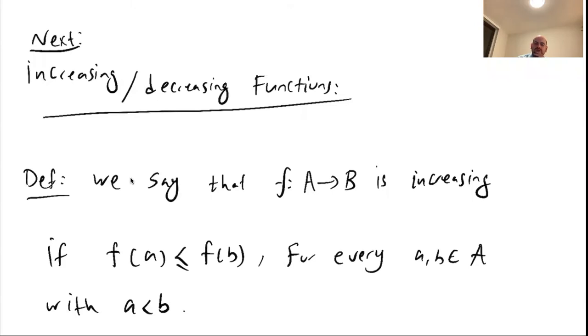So increasing function means whenever you consider a and b with a less than b, so if you have two inputs, the first input less than the second input, then the first output has to be less than or equal to the second output.